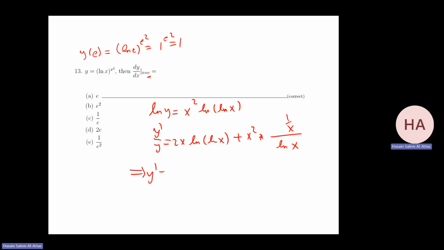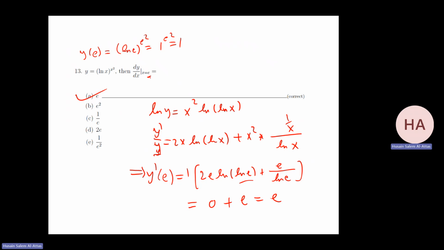So y prime at a will be y at a, which is 1, times 2a ln a plus a over ln a. Ln a is 1, ln 1 is 0, so I have 0. Ln a is 1 plus a, which is a. That will be the answer.